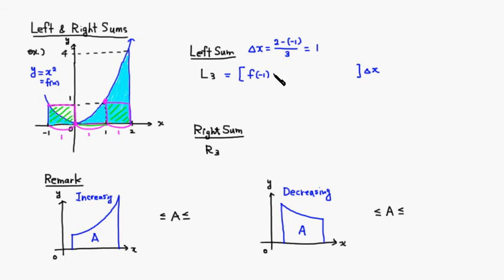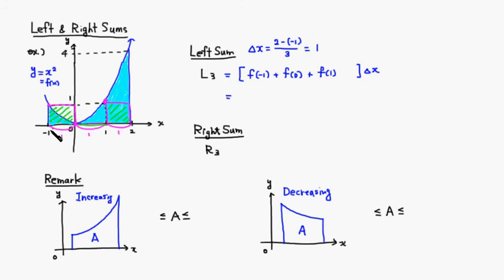The next one is f of 0, which happens to be 0 in this case, times the width. I'm basically doing base times height, base times height. The third one is f of 1 times delta x, which gives you this area right here.